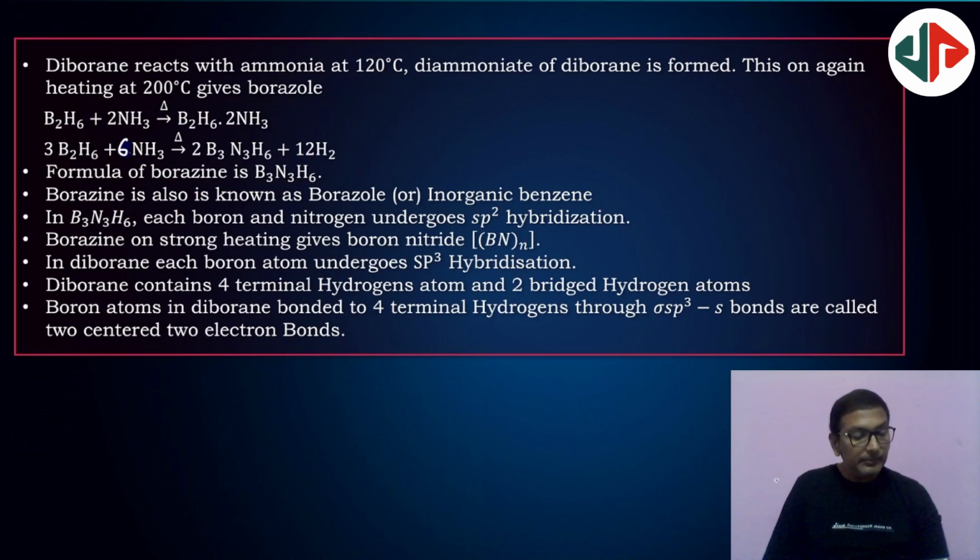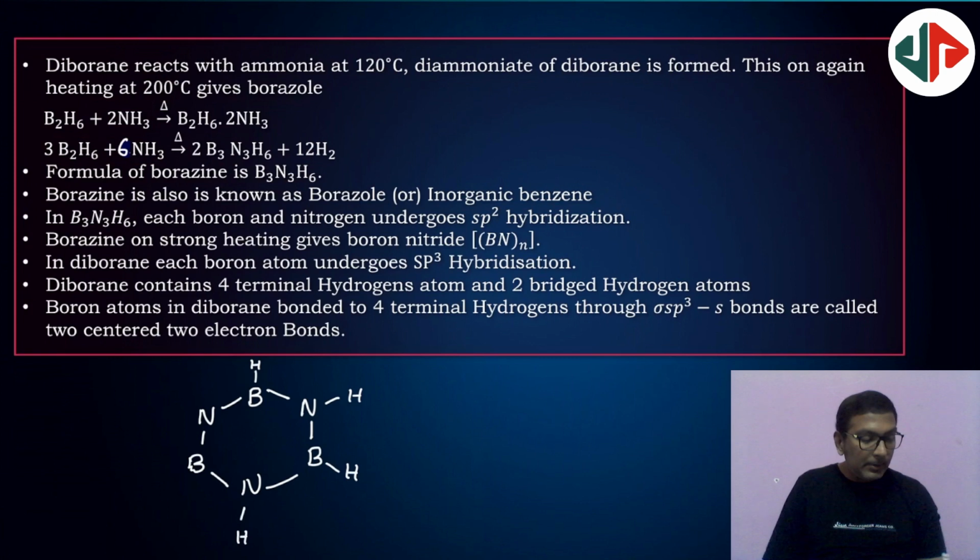Next. In B3N3H6, I will write the structure. B3N3H6 will be like this. Here one hydrogen. The structure will be similar to that of benzene.